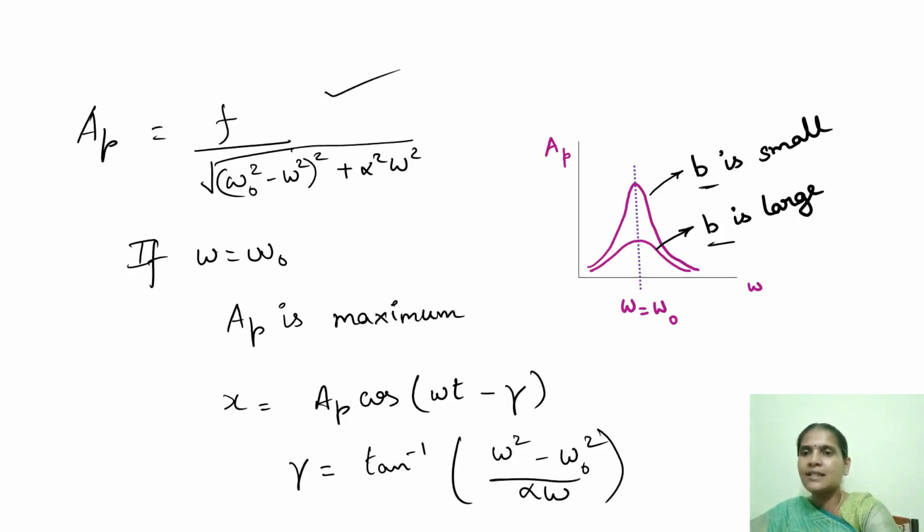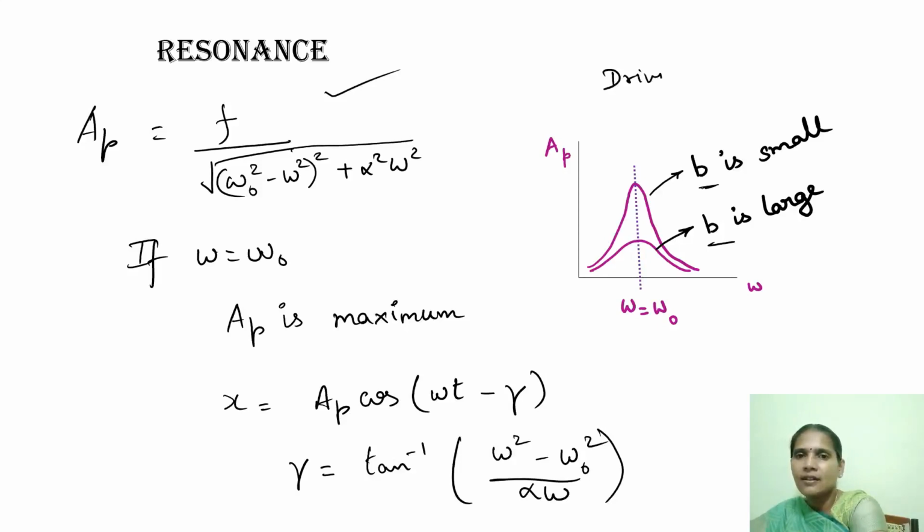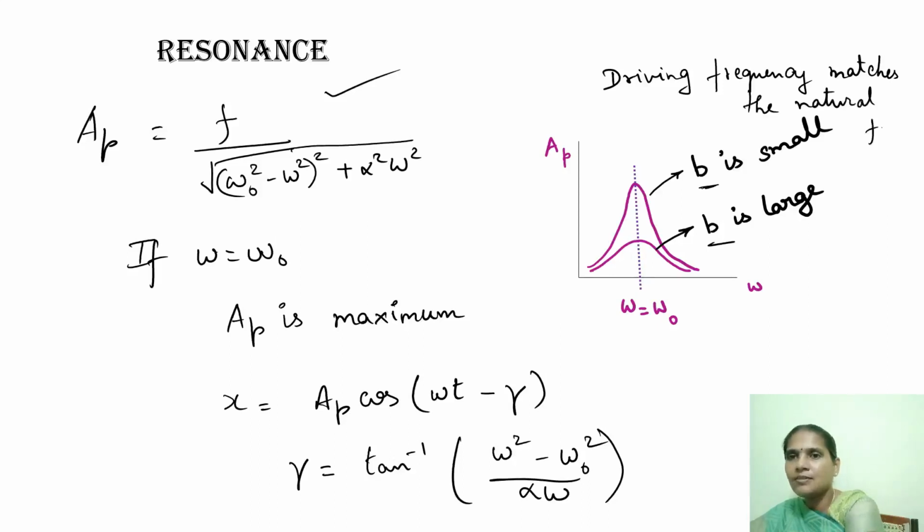This explains the concept of resonance. That is, the system oscillates in resonance when the driving frequency matches the natural frequency. The driving frequency matches the natural frequency. The system is said to be in resonance.